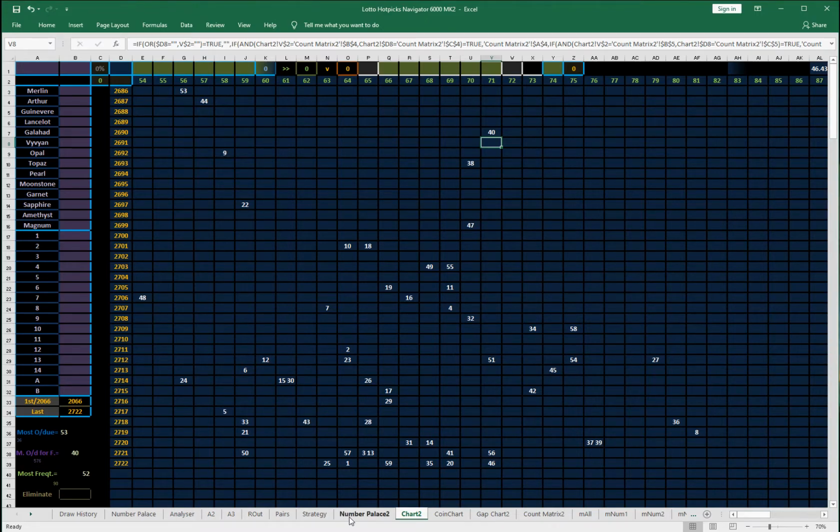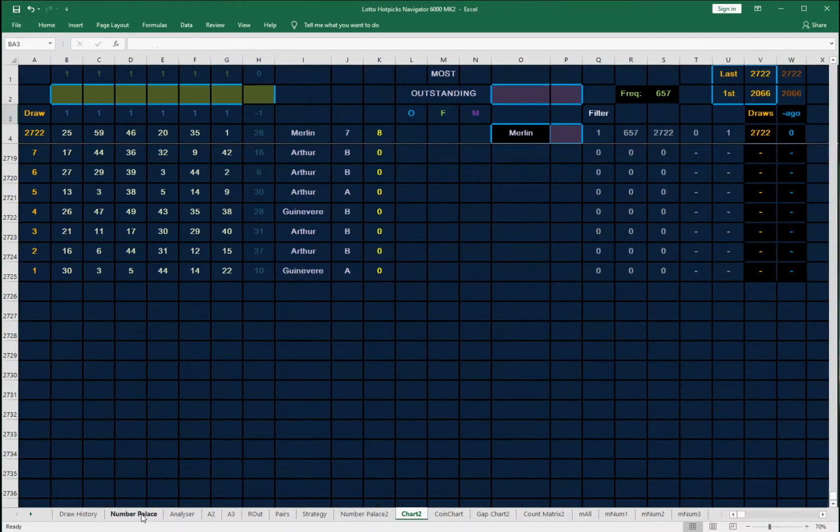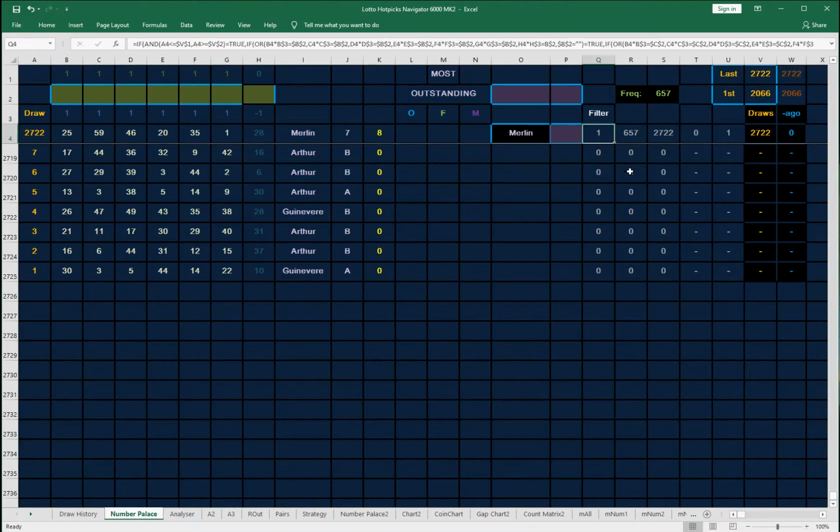And then all of this chart is variable because of this filter system.